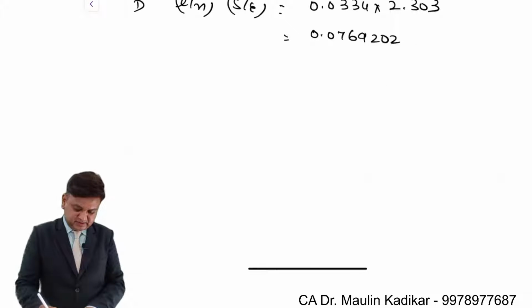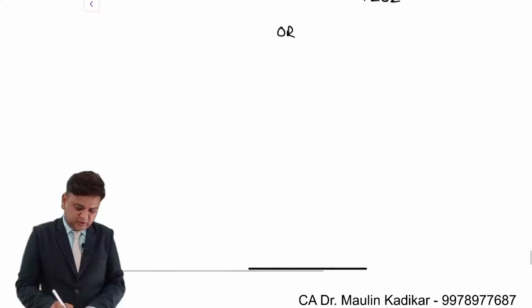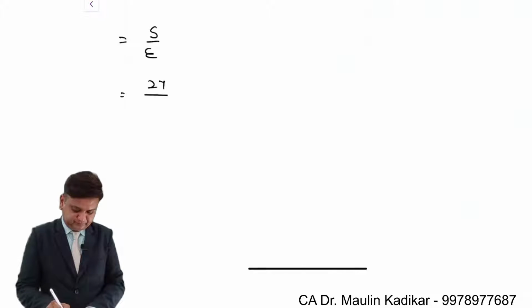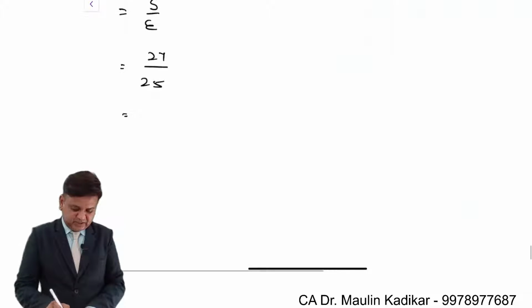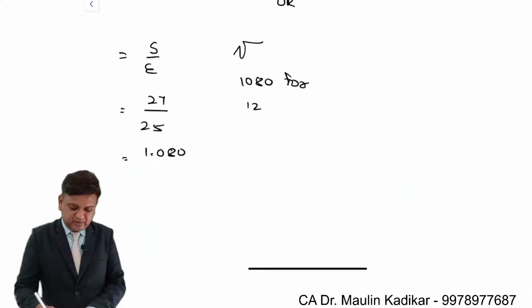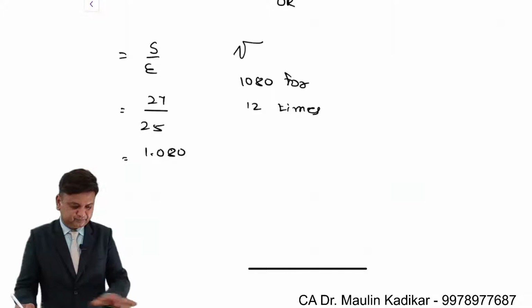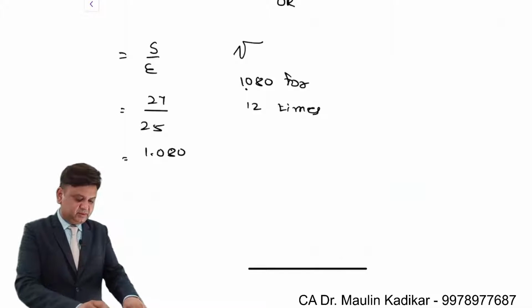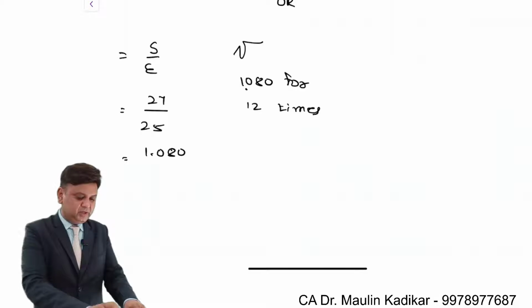Or otherwise, what you can do is S divided by E, 27 upon 25. That is 1.080. Then under root of 1.08 for 12 times. So 1.08, 1, 2, 3, 4, 5, 6, 7, 8, 9, 10, 11, 12.